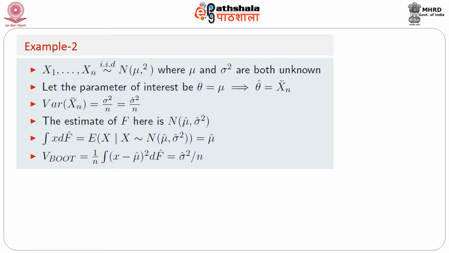Again, the variance of the bootstrap comes out to be 1 by n integral of (x minus mu hat) square dF hat, which is sigma hat square by n, which is nothing but variance of x1 by n. So, here also we are getting more or less the same form. Variance of boot is equal to the traditional form.